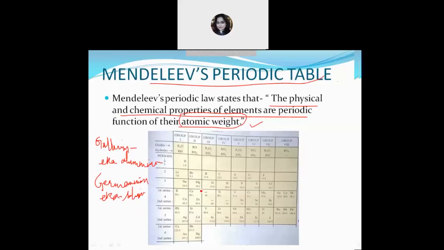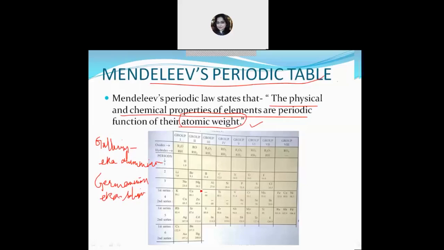So this was all about Mendeleev's periodic table, but there were some limitations, some anomalies. Anomalous means it differs from a norm or behavior, or is different from the mentioned trend.